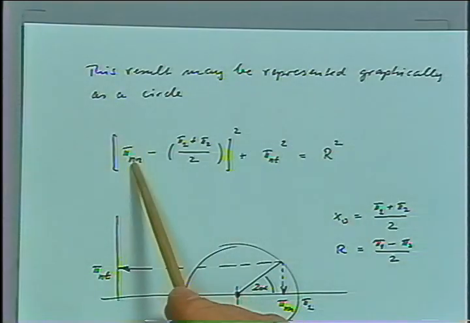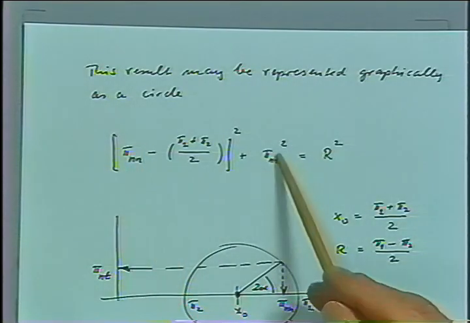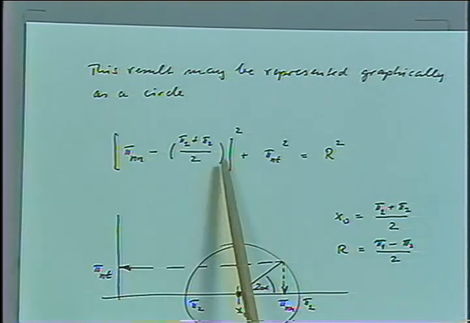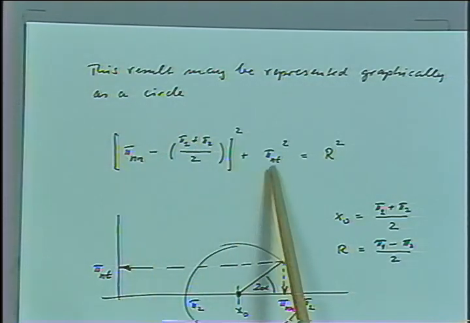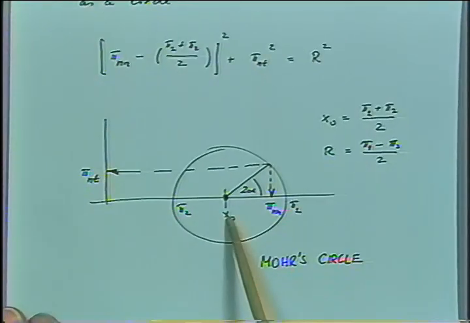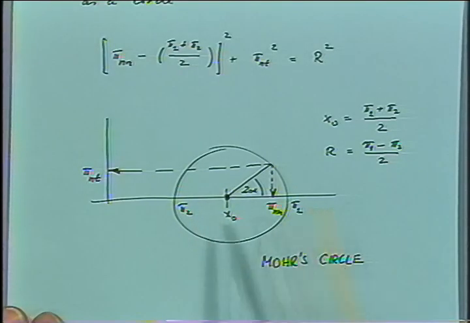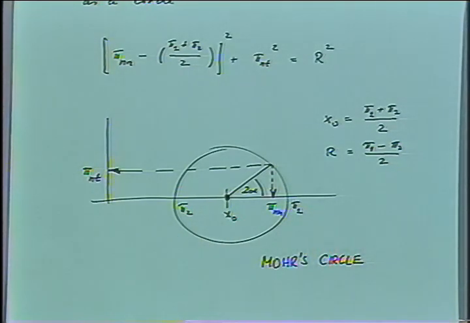Okay, so Mohr combined those two expressions where he had the normal component on his surface and the shear component, and combined them into an equation, and this is really the equation of a circle which is displaced by some value x0, and x0 is just the average principal stress. Let me go back to my drawing here.